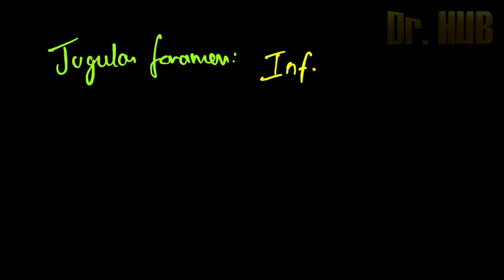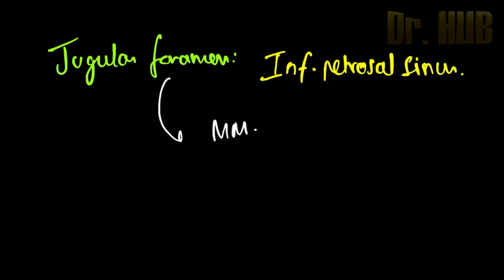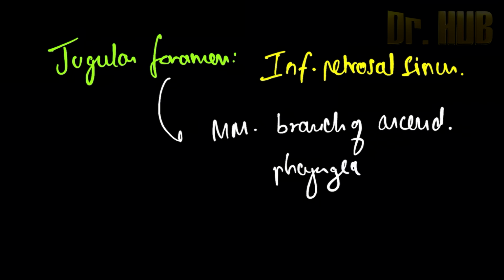Next, moving on to the jugular foramen. So what will be in the jugular foramen? Under the jugular foramen comes the inferior petrosal sinus. Then comes the middle meningeal branch of the ascending pharyngeal artery.